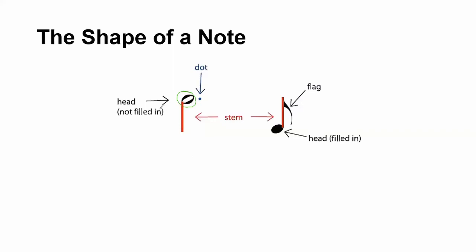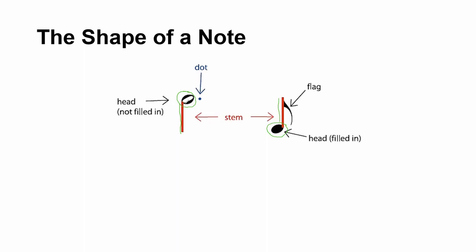In some notes, you see that the head is not filled in, so it has a white space inside. In other cases, you see the head filled in black, with a shaded black. So this is called the head of the note. Now, a note also has what we call a stem. A stem is just the vertical part here.